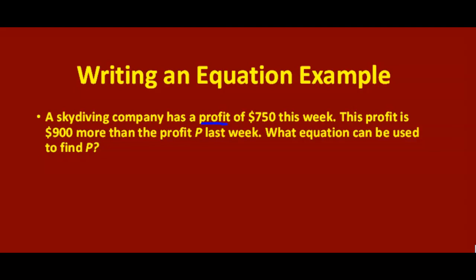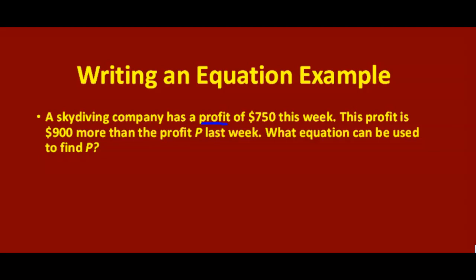We've gained or earned that much money. But that $750 is $900 more than what we had last week. So what kind of number are we looking at having had last week in our profit? And if you think about that, the logical answer is, well, we didn't make money last week. We actually lost money. So we better have a negative answer, okay?